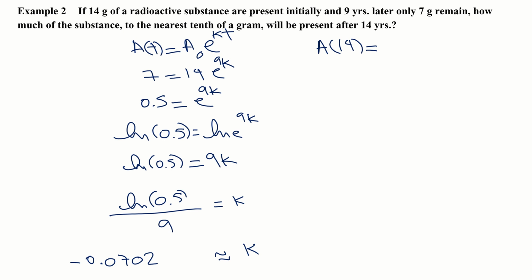We'll put in the initial amount, 14 grams, and then e to the K, which we now know is negative 0.0702, times 14 years, like that.